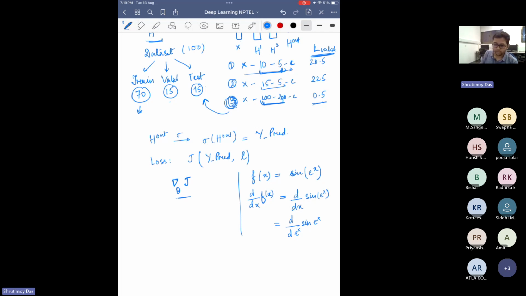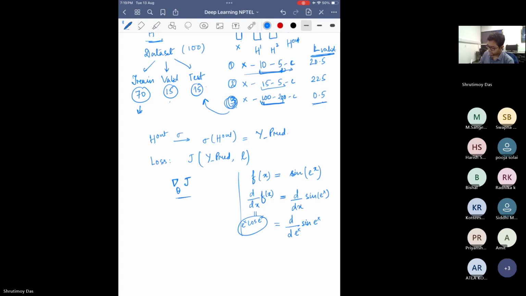That gives cos of e to the power x. Yes, right. So this is cos of e to the power x times e to the power x.